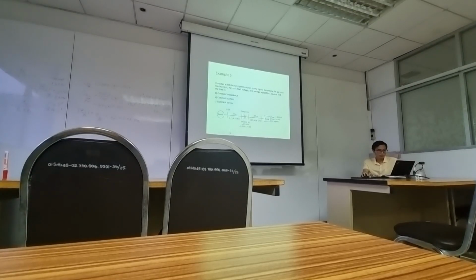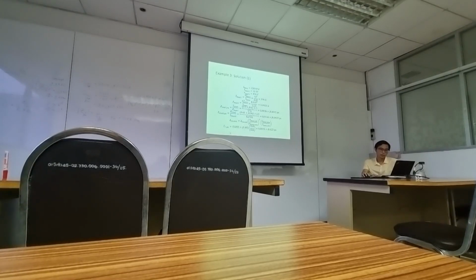Then we also have the transformer. For the transformer, you can see that the base voltage and the voltage rating of the transformer are the same, but the base power is not the same. So the base voltages are the same, so you can neglect this. Z new equals Z old multiplied by S new over S old.